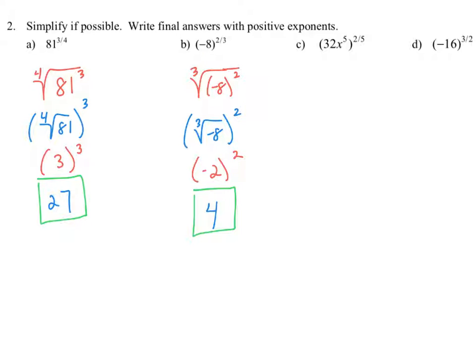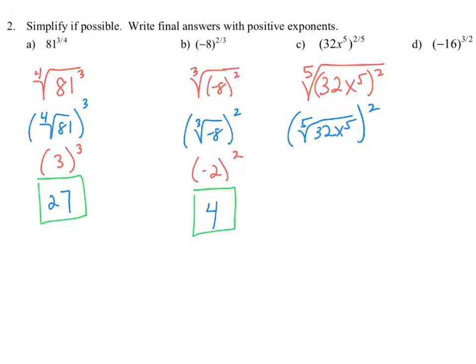32x to the 5th all raised to the 2/5 power can be written as the 5th root of 32x to the 5th, all of that to the 2nd power. And again, we can evaluate the 5th root first before we square the quantity. So we want to find the fifth root of 32x to the fifth, and then raise that final result to the second power.